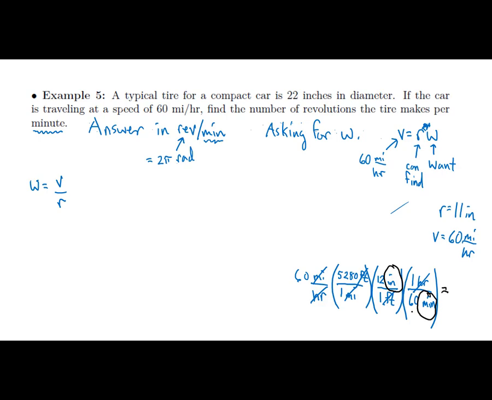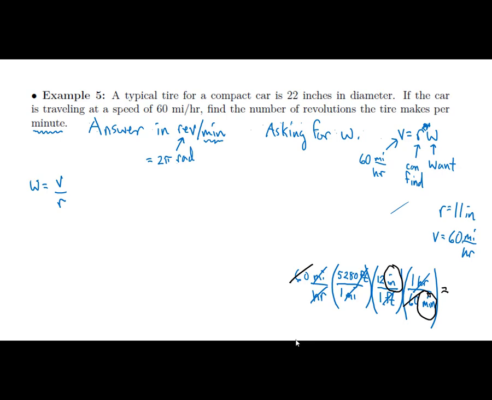Now you can see that there's some really nice canceling that can be done here. My 60 and my 60 cancel, so that's rather nice. If that didn't happen, if it doesn't work out to a nice whole number, then just keep the fraction so that you're not rounding in the middle of a problem. But in this case, we're rather fortunate.